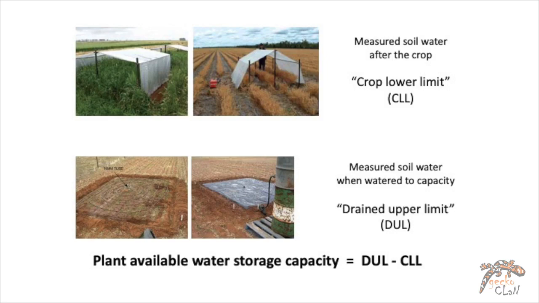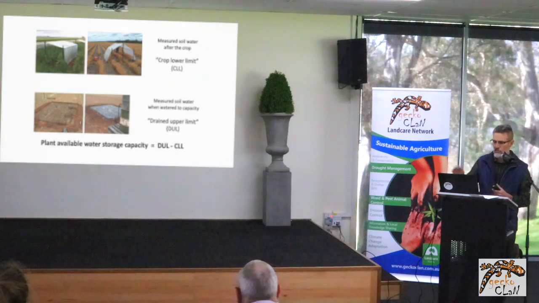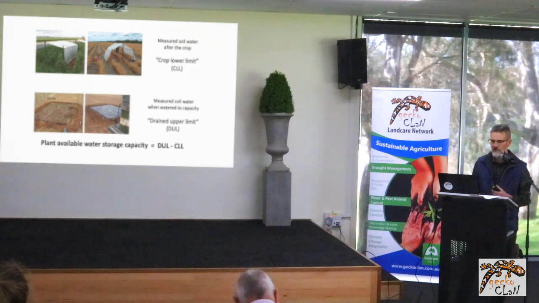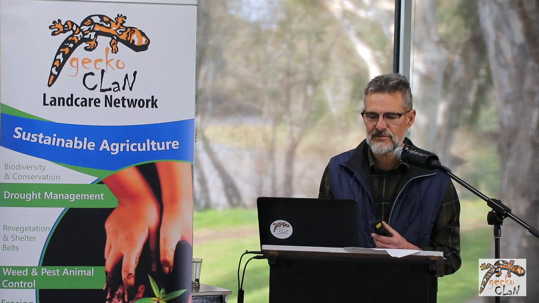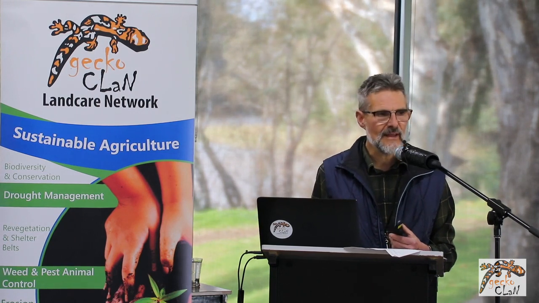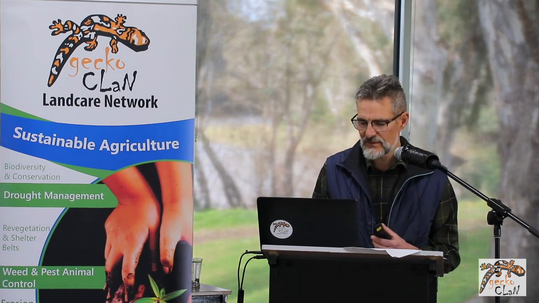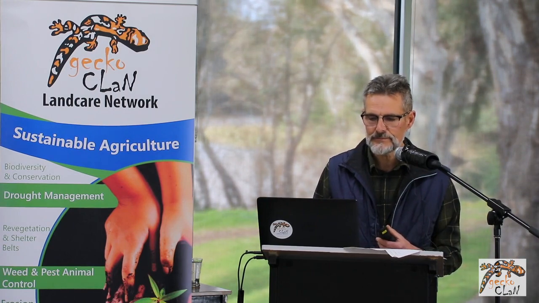You measure it so there's no more water being accessed out of the subsoil, and then you get the drained upper limit, which is your field capacity. That's important, because between saturation and field capacity is really how much aeration is in that soil.